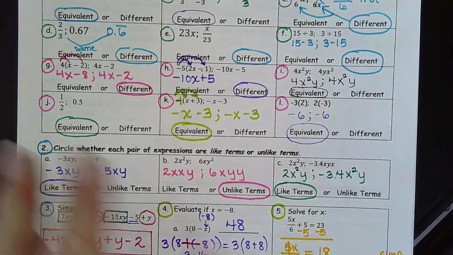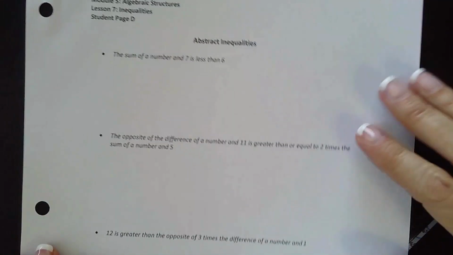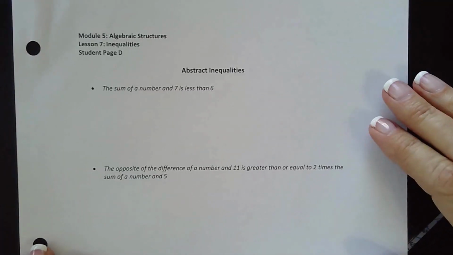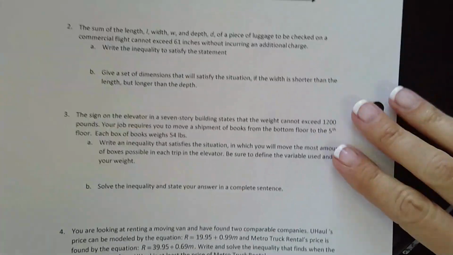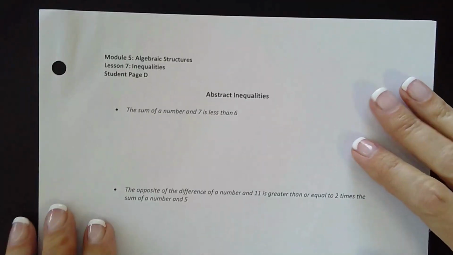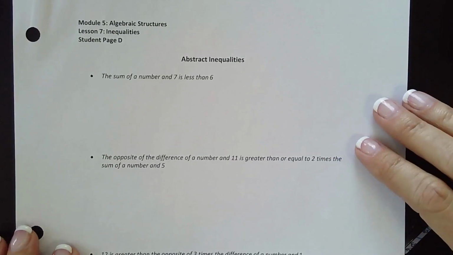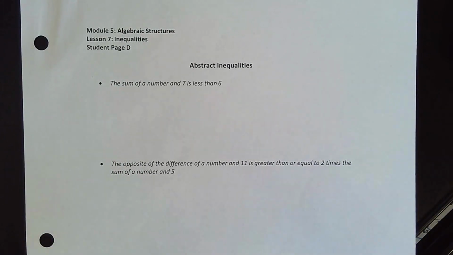Okay, so let's go ahead and do the first page of lesson 7, which is a really quick page. And then on the next video, the back is quite a few word problems. So that one will take a little bit longer, but we're just going to do the first page. So this is under what date? Lesson 7 under the 24th.